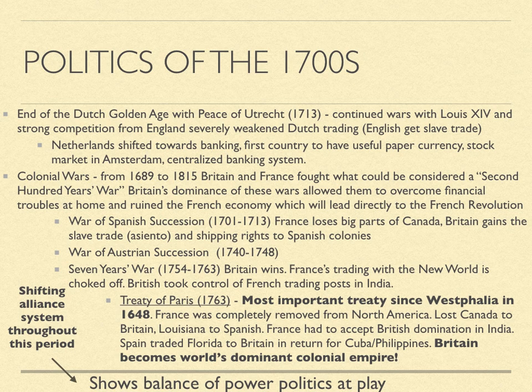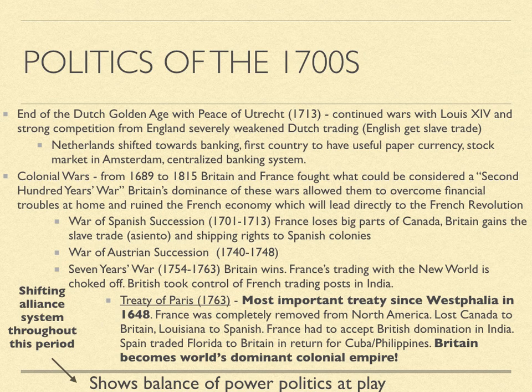But then the big one in the mid-18th century, or 1700s, is the Seven Years' War, in which Britain is going to win. And that essentially chokes off France's trading with the New World. The British get Canada from this. They get the area between the Appalachians and the Mississippi River.